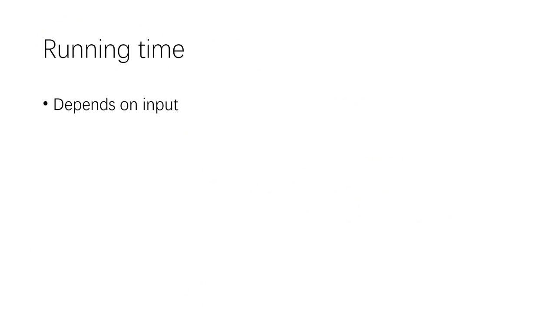For the sorting problem, first it depends on the input itself. What is the input itself? For example, sometimes the best case is the input is already sorted, right? That is, you are very lucky and the input is already sorted.